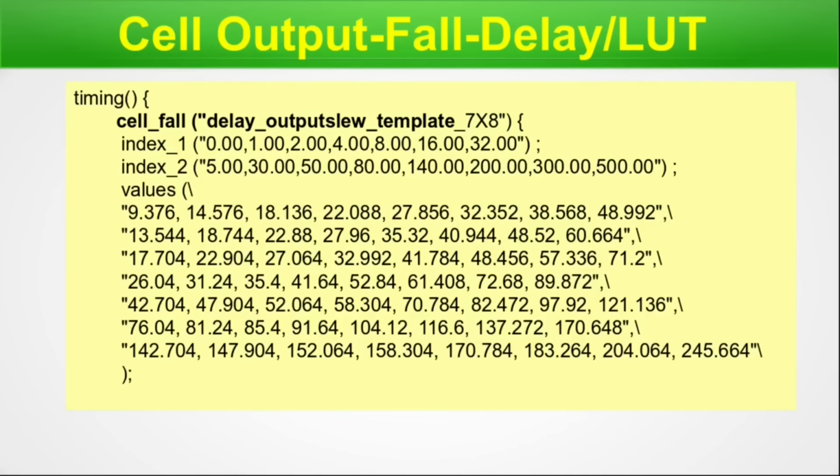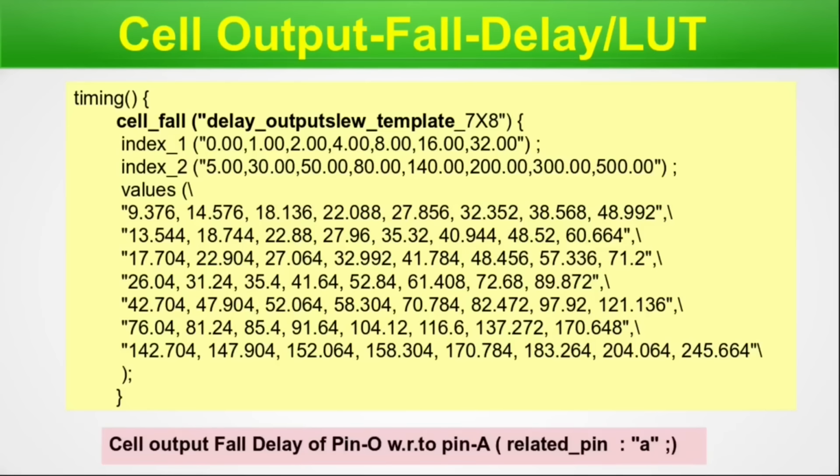Yes, all these types of LUTs will be there. We close it here, and again re-emphasizing the point that this is the cell output fall delay for pin O with respect to pin A, which we denote with the related pin name token, and the value is A. So we are done with this example.